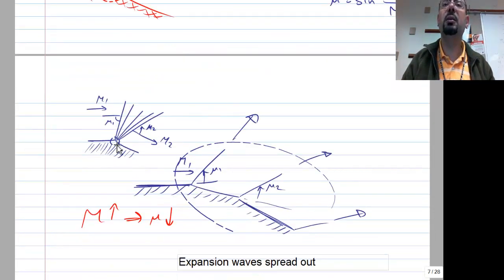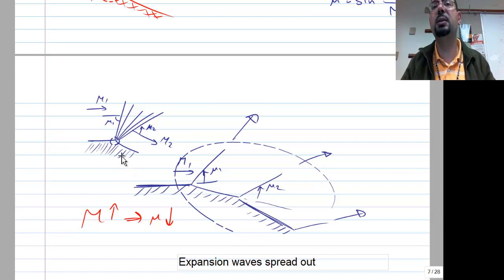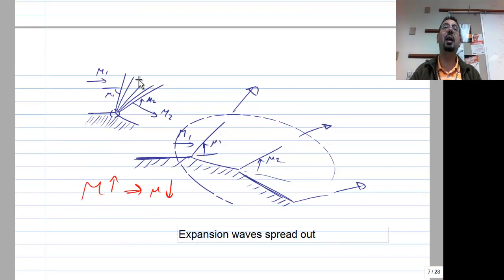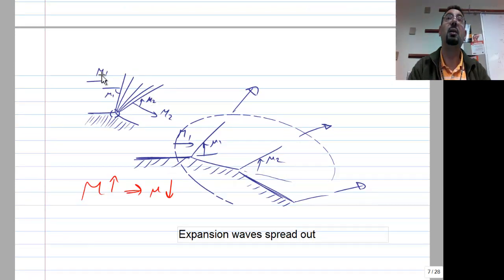But the opposite will not happen. If the corner was like this, as the flow is accelerating, the mu is getting smaller, and the wall is getting far away, so those waves will never meet. As a result, all those Mach waves remain Mach waves. So basically what will happen at the corner here is a bunch of Mach waves that will never meet.